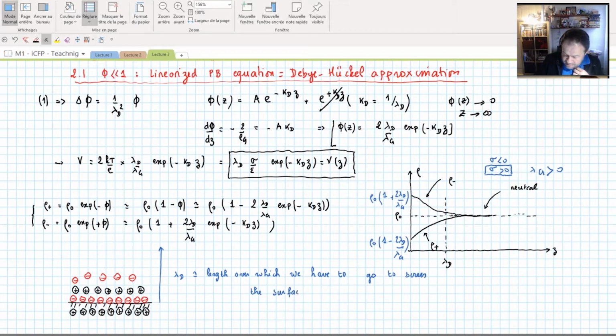And what is really interesting, as noticed by Amélie, is that when we are at length scales which are smaller than the Debye length, the fluid is not in average neutral. We have a breakdown of the electroneutrality.